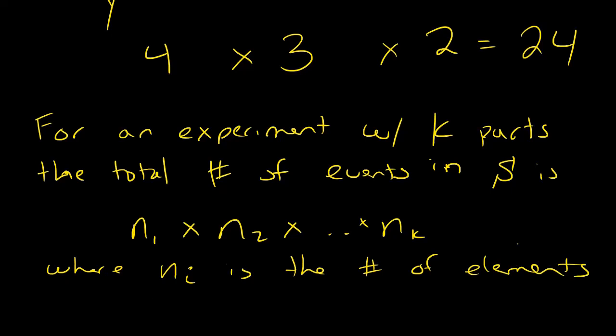It's the number of possible outcomes in the ith part of the experiment.